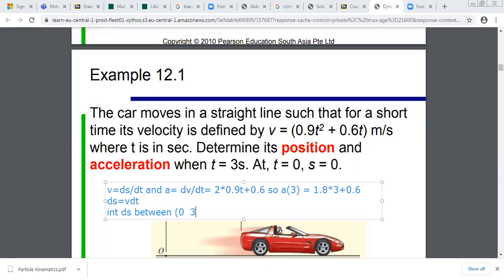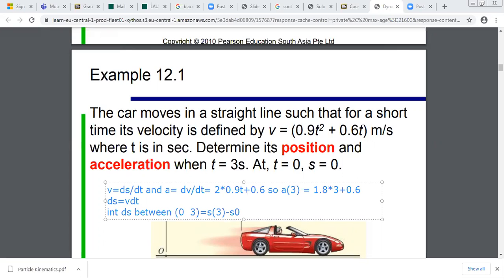Okay? So here, because you just want t equals 3 seconds, no need, if you want to find the general relation, you can just directly integrate between 0 and 3. Okay? So this will give you s at 3 minus s0, and s0 is given to be 0.